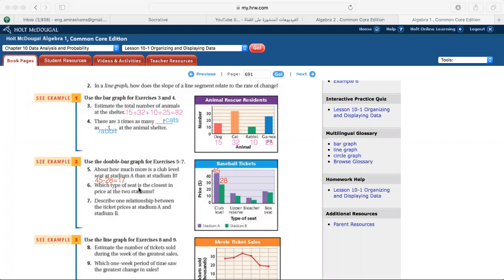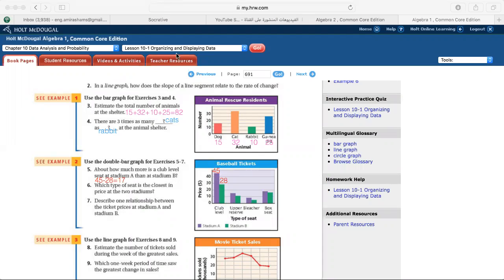Which type of seat is the closest in price at the two stadiums? Closest in price, so I'm going to search for two bars that are near to each other. For example, the club level, there is a gap here. You see it? There is a gap between the purple and the green.